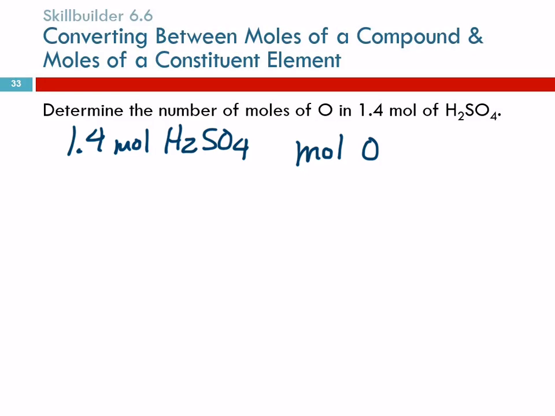So we need to figure out what the relationship is between moles of oxygen and moles of sulfuric acid. And it is hiding within this formula. In one formula unit, there are 4 oxygens. So that tells us that 1 mole of H2SO4 is equal to 4 moles of oxygen.